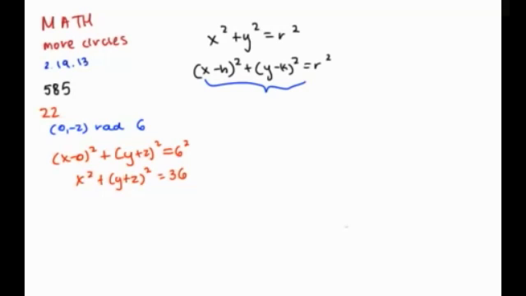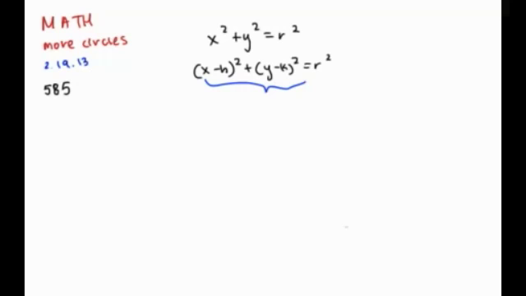So what do we have next? 25. And for this one, it gives us x plus 3 over 2 squared plus y minus 1 squared equals 25, and we have to graph this.